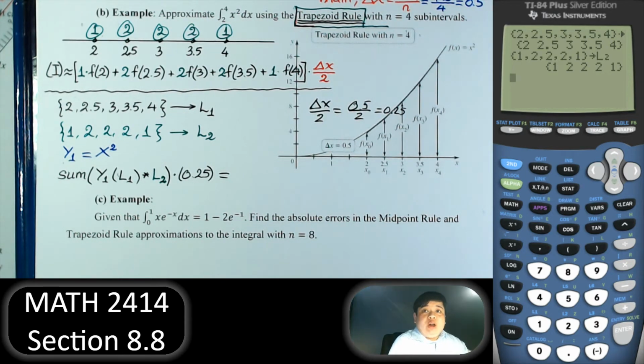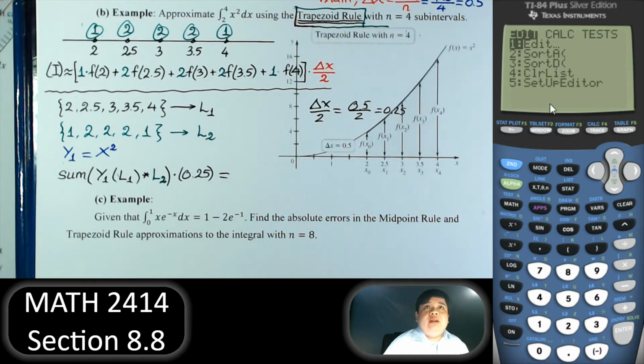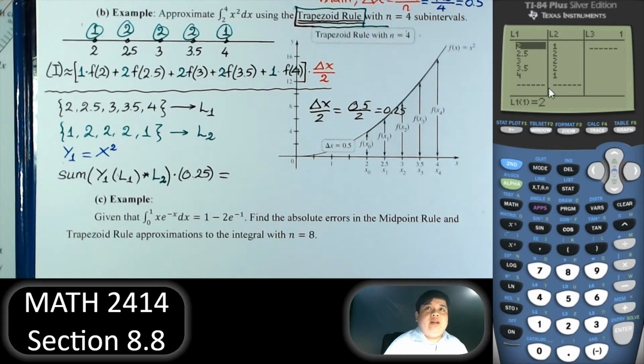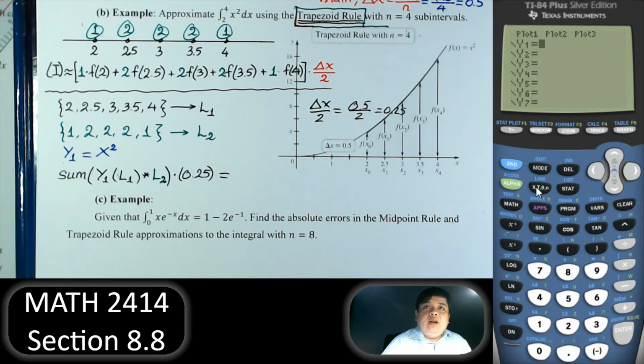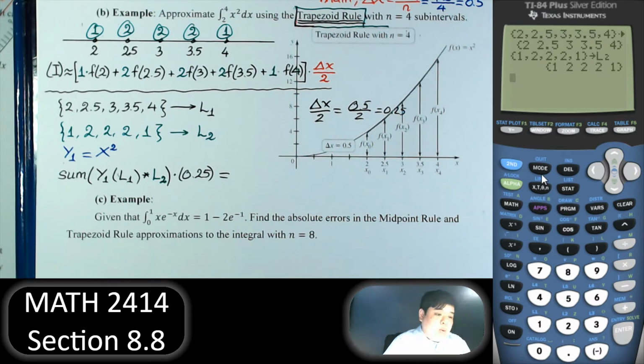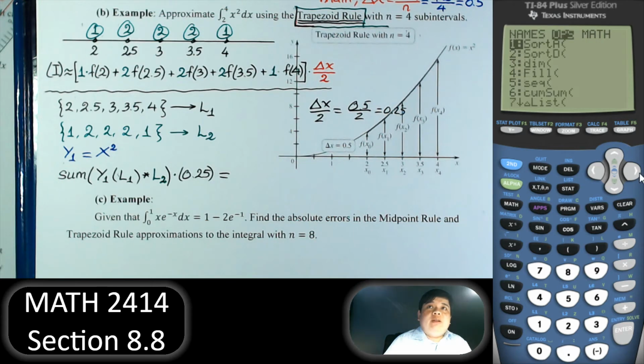By the way, if we want to make sure that it is corresponding, hit stat and edit. You have list 1, list 2. Looks good. Second, the values of the function. The function is x squared, right? So that's good. Now we will do the summation. We're going to add all of them up.